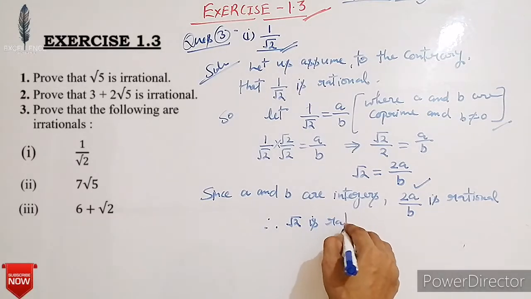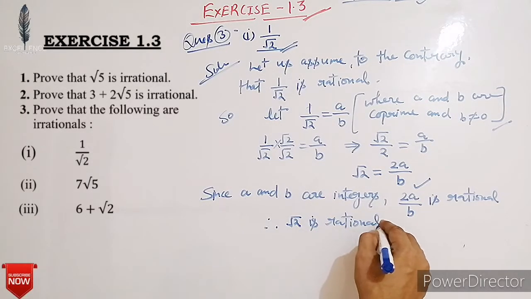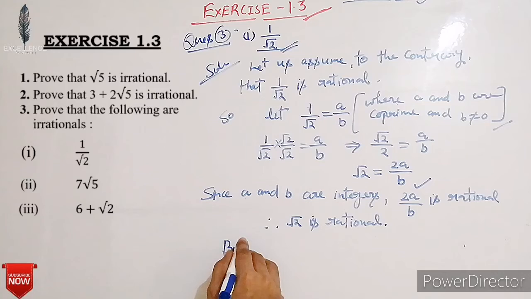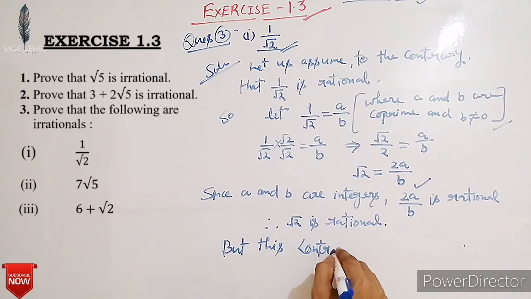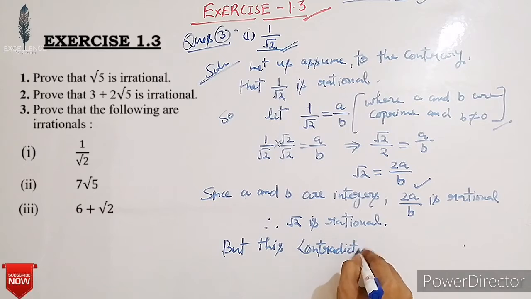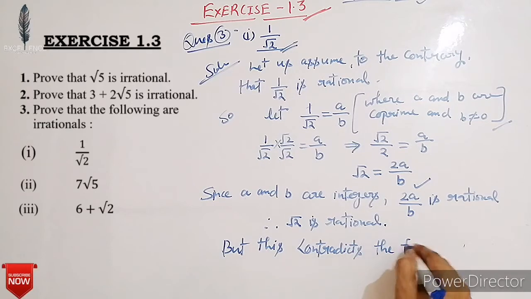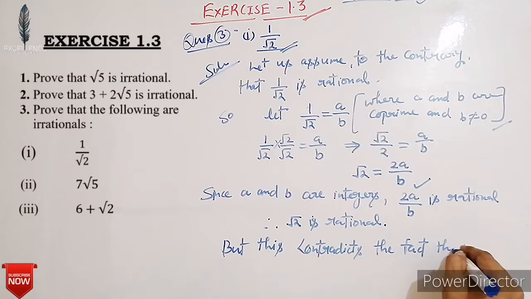So here √2 is rational, but we know that √2 is an irrational number. So this contradicts the fact that √2 is irrational.